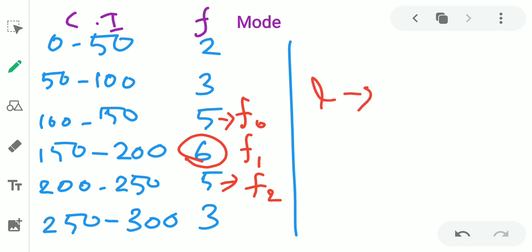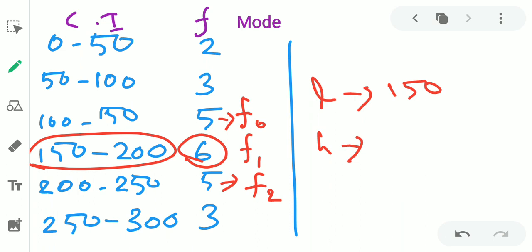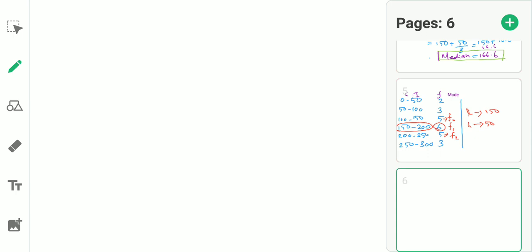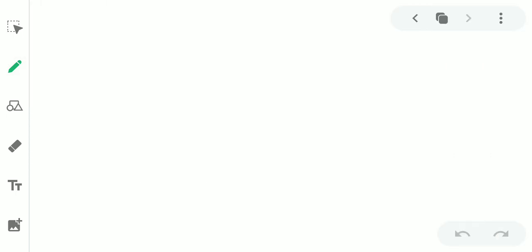So L is the lower limit of the modal class. Here the value of L is 150, and one more thing we should write, that is H. H is the class size, 50. Okay, so I think we have done it. Now we write the formula for mode.